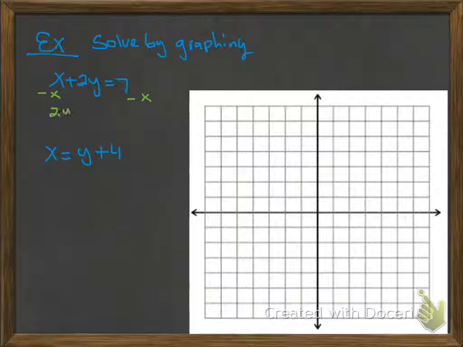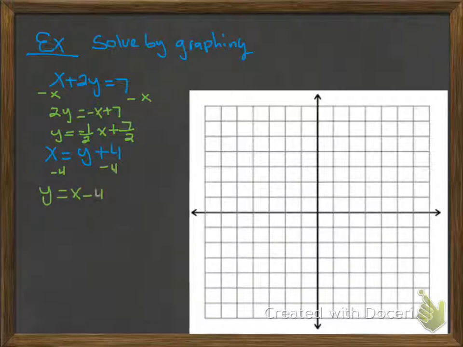I get 2y equals negative x plus 7. Divide by 2, and I end up with y equals negative 1/2 x plus 7/2. And here I'm going to subtract 4 and rewrite as y equals x minus 4.